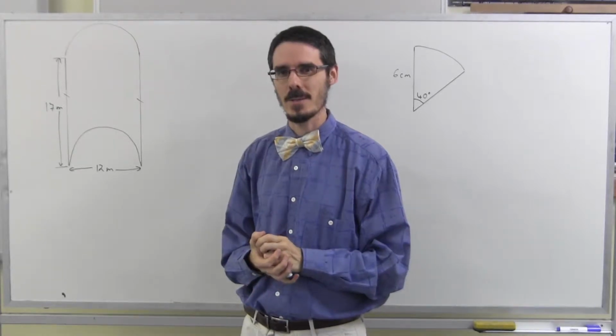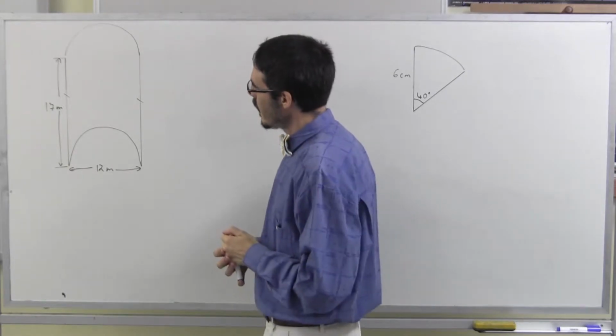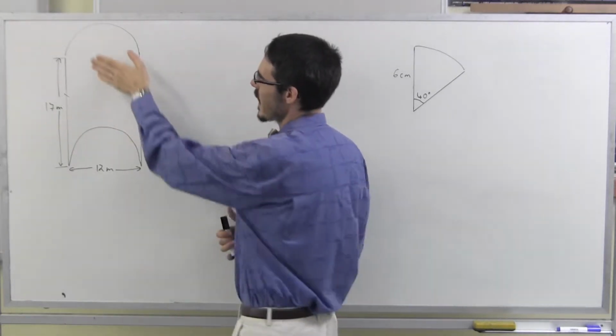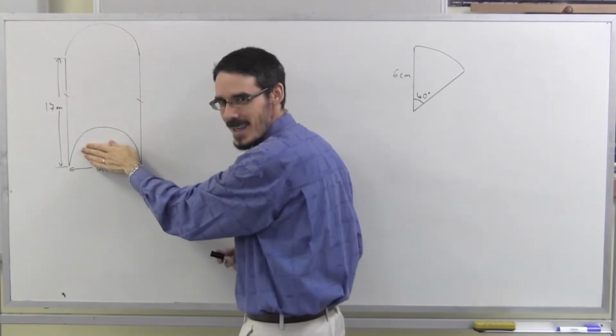So now let's try finding some areas where there are circles involved. This shape has half a circle at the top and half a circle taken away at the bottom.